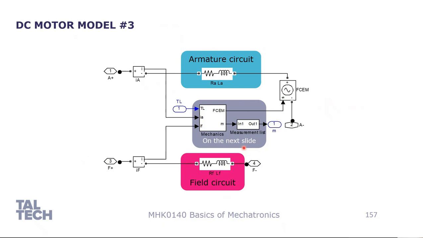And usually we can see the reaction of the mechanical part to the electrical part, but we cannot represent them in the same equation or in the same part. So we know the reaction from one to another.